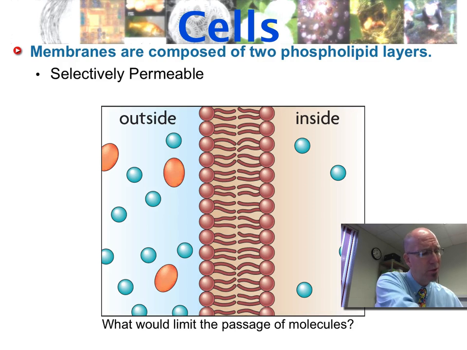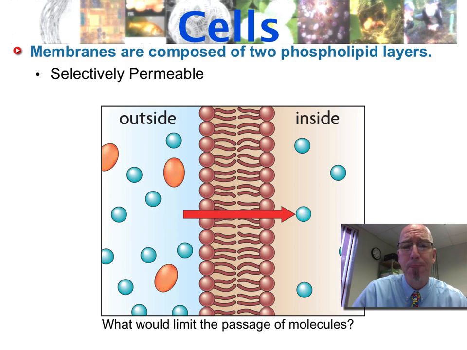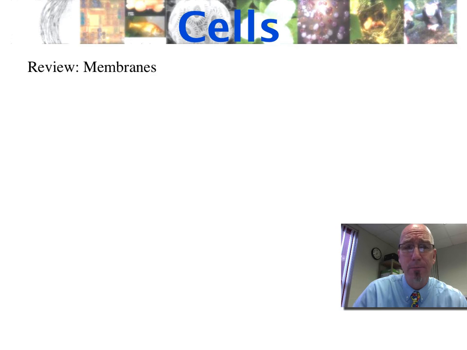Plus there are some other structures, some pores in there. So size, charge, and whether things are polar or nonpolar are things that determine whether something can pass through a membrane. So it's selectively permeable. Not everything can pass through a membrane, and that's a good thing because it really helps regulate what goes in and out of cells and in and out of membranes around things inside of cells. Small things can pass through pretty easily.